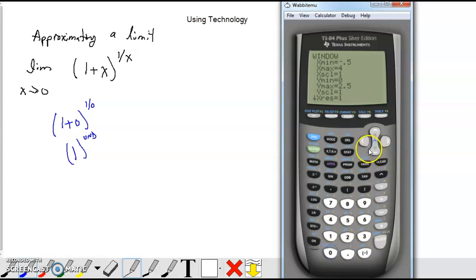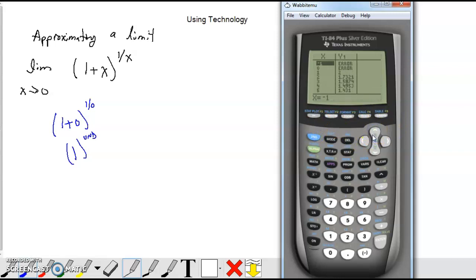Let's change that to 0, and we'll change that to 5. All right, cool. So 1, 2, it's in between 2 and 3. If I use my trace button, I can try to get close to it. So it's like 2.7 something. I feel pretty confident with that. 2.7 something, something, something.